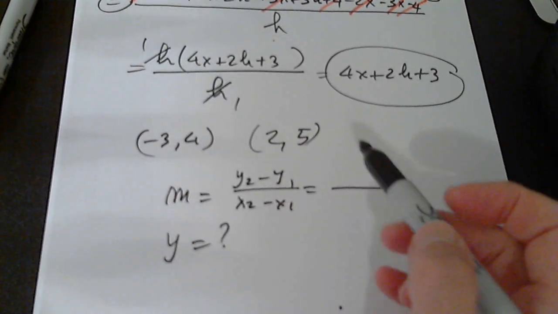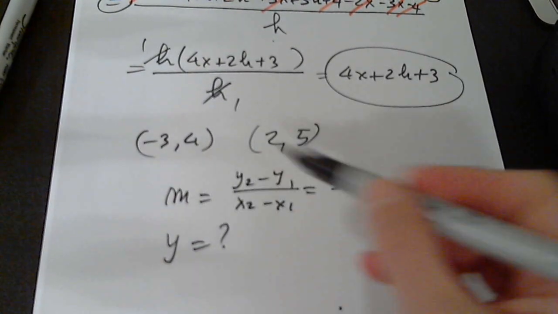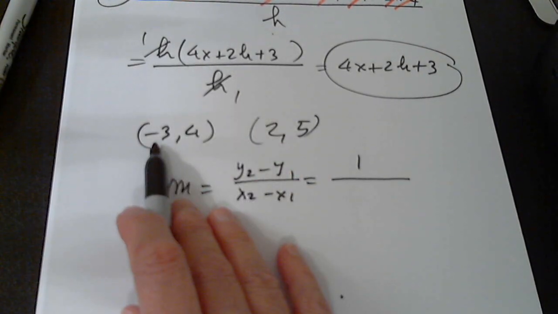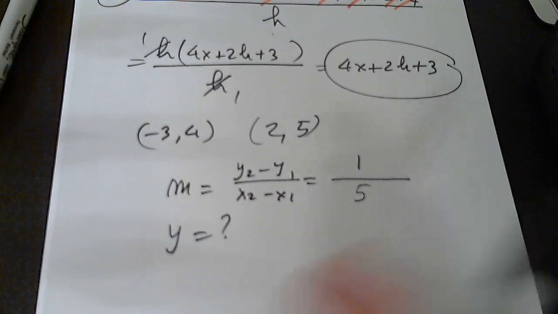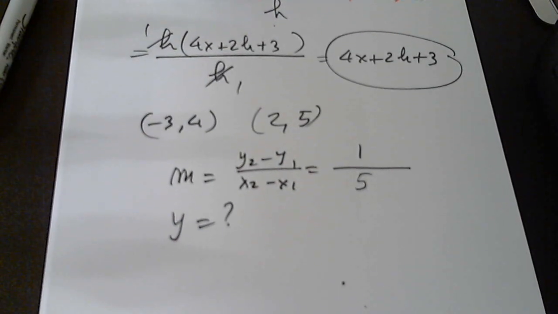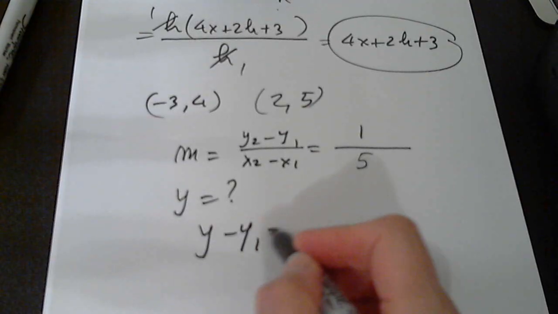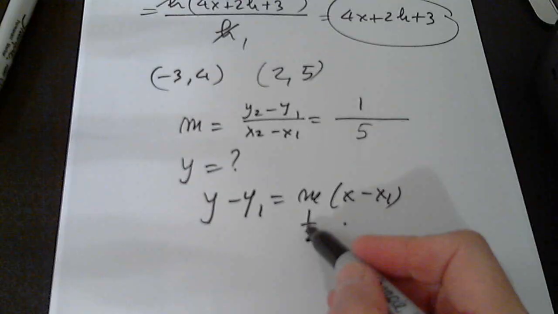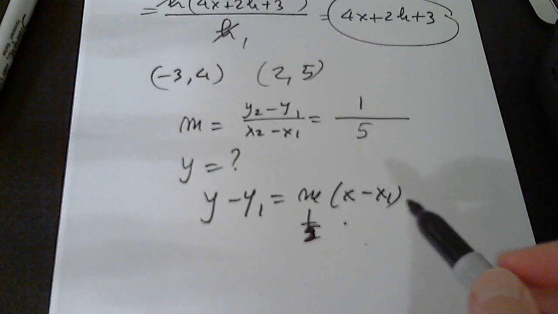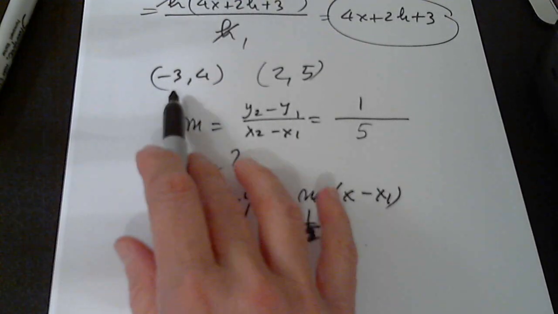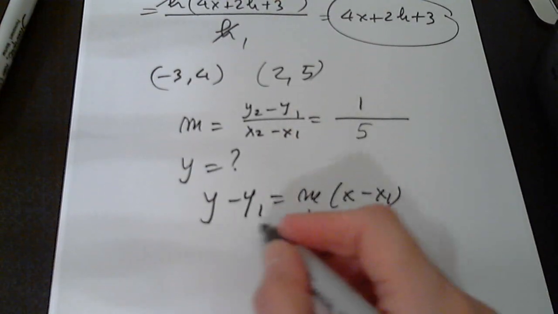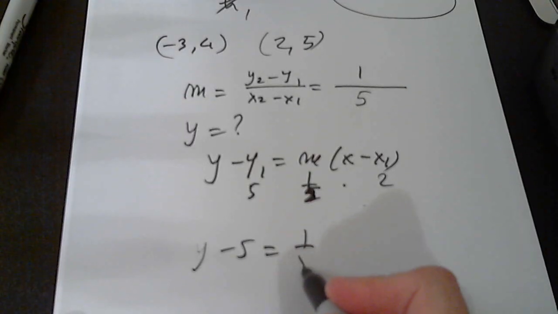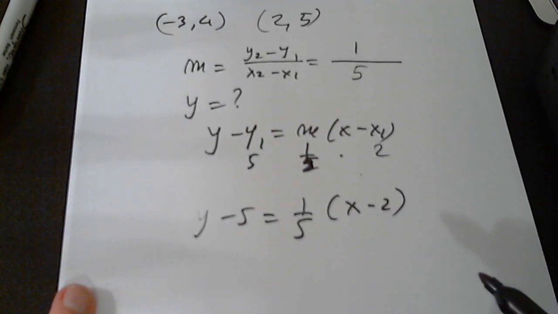Very good. 5 minus 4, 1. 2 minus -3. Done. And then y minus y1 equals the slope times x minus x1. Write the slope 1/5, and then any point you want. Let's say 2, 5. So y minus 5 equals 1/5 times x minus 2.